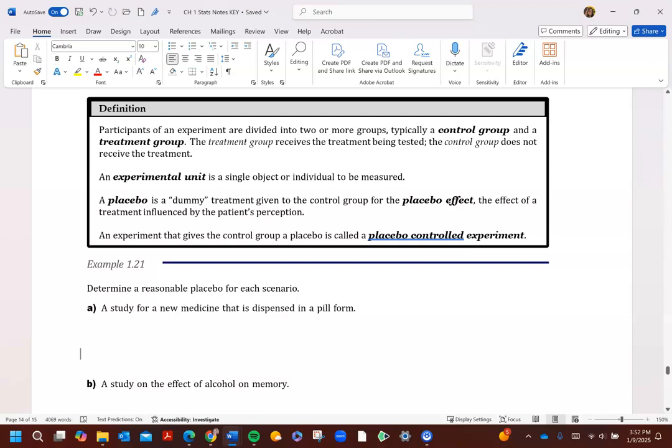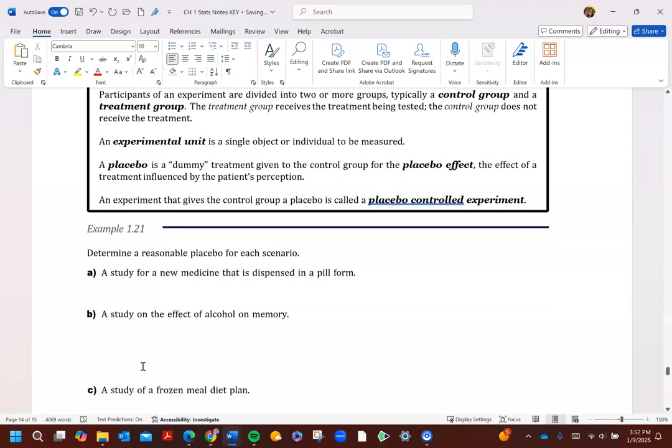You can write down your ideas here, and then I'll put mine. Just think, common sense wise, what do you think would work? You might think there are certain things that definitely wouldn't work, but what might work in this case? The last one is a study of a frozen meal diet plan. Some might be harder than others.